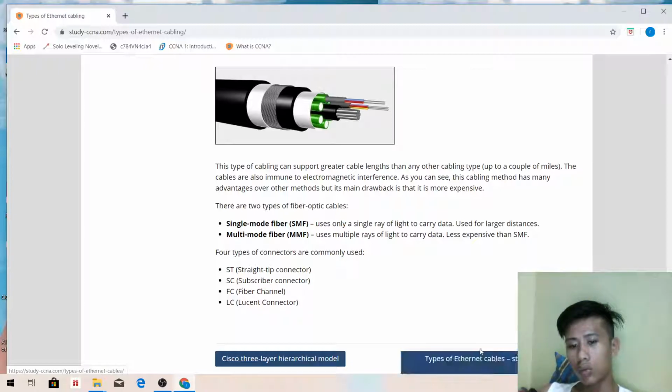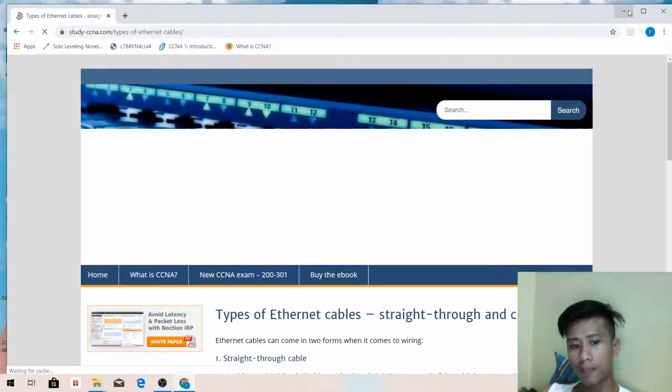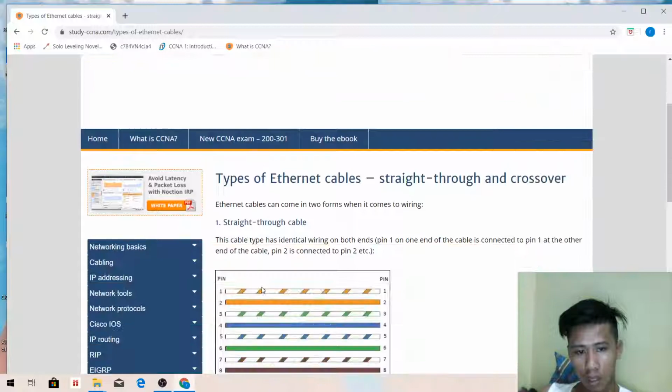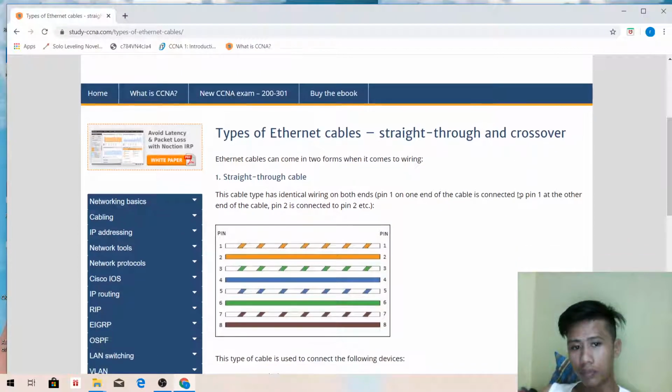So, we're going to do the types of Ethernet cables: straight through or crossover. Ethernet cables can come in two forms when it comes to wiring. The first one is the straight through cable. This cable type has identical wiring on both ends.